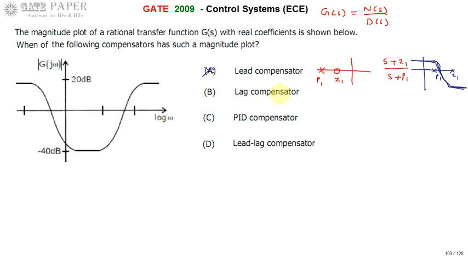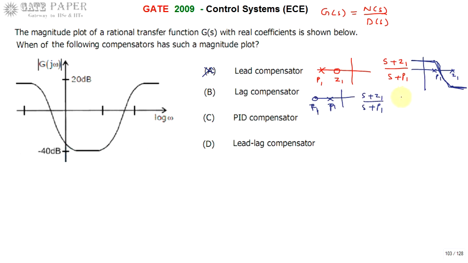Next, the lag compensator. For a lag compensator, the pole is nearer to the origin than the zero. So Z1 is farther than P1.